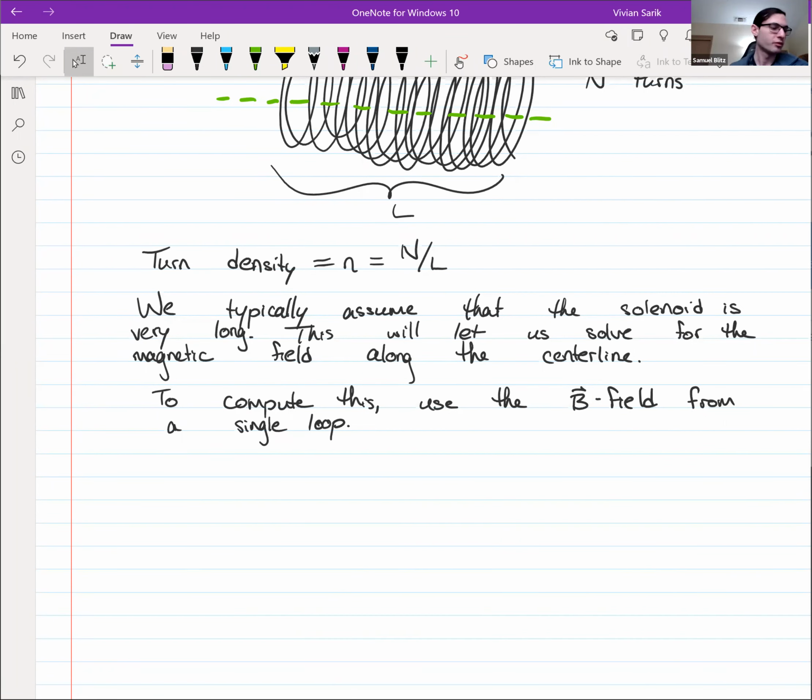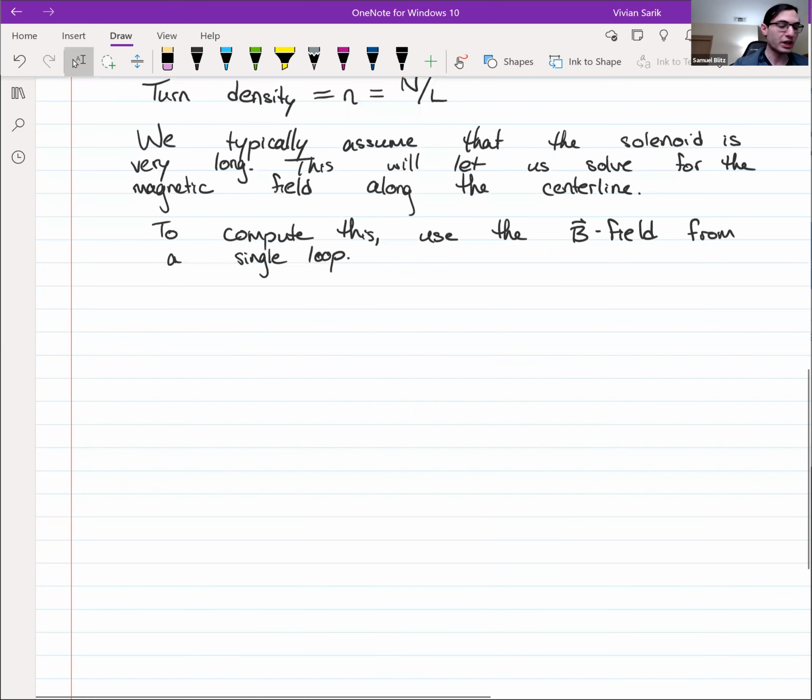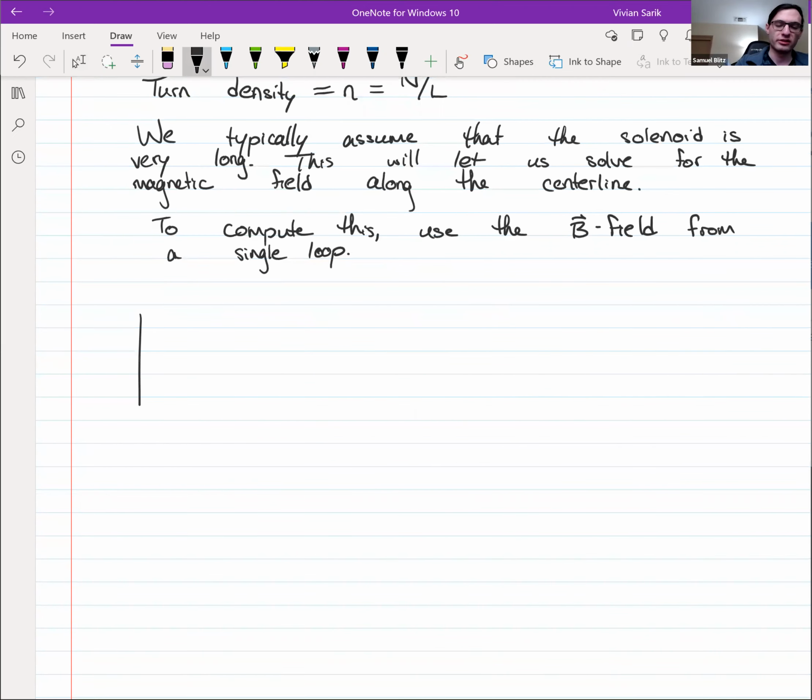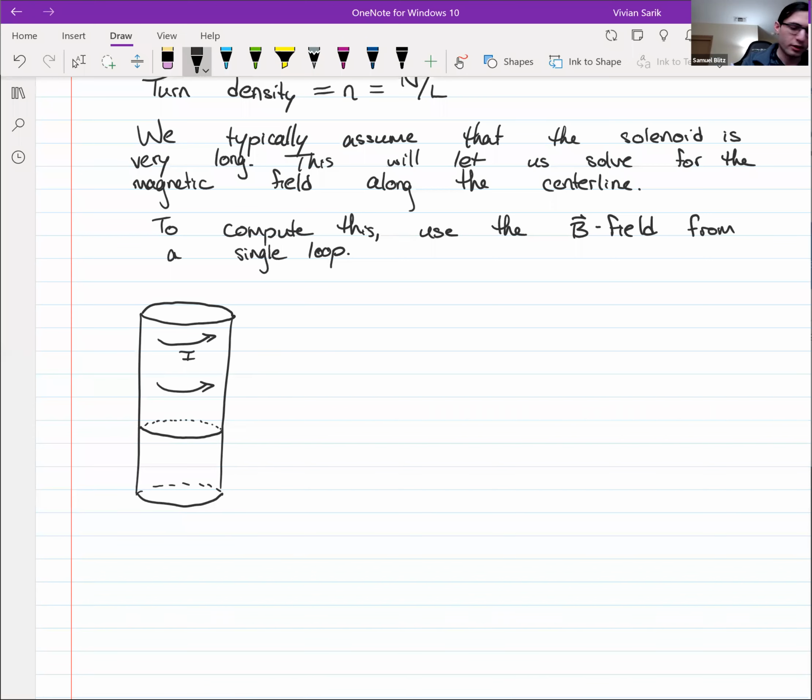So the picture that you'll often see is a cylinder, and this cylinder has current flowing around the side. A loop, which might be infinitesimally thin, would be just an infinitesimally thin ring around which current flows.